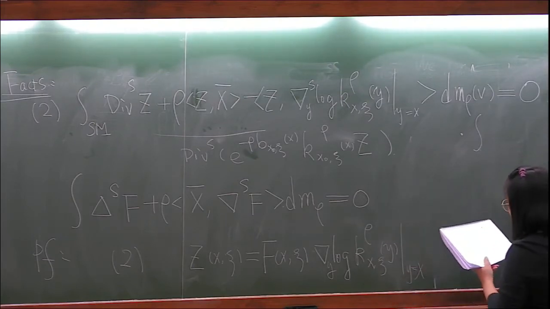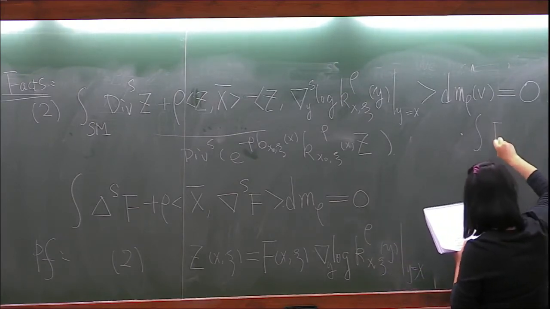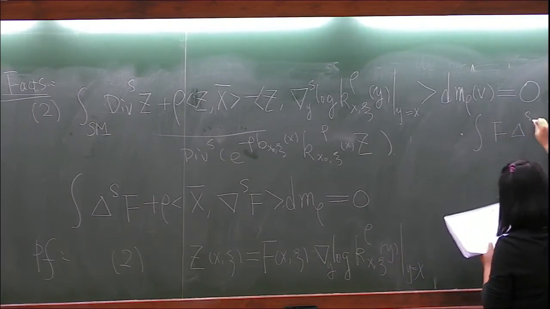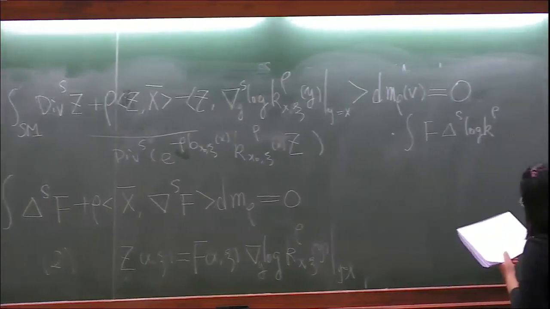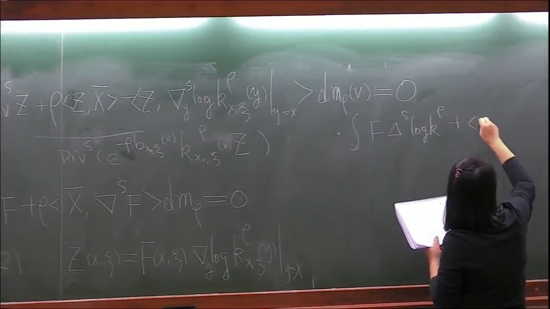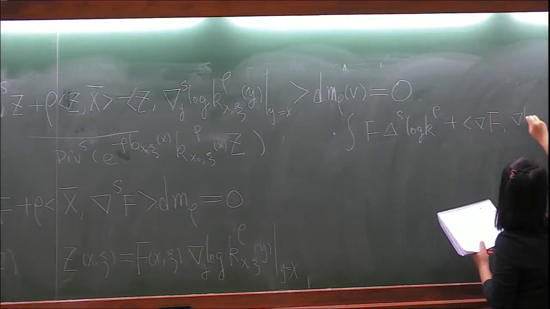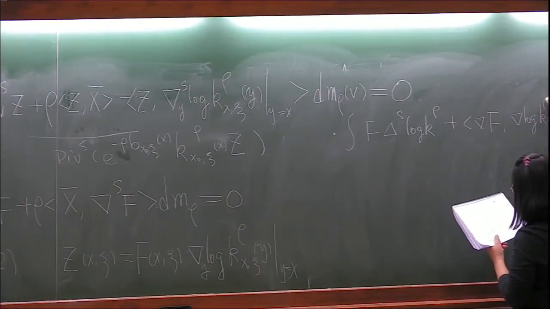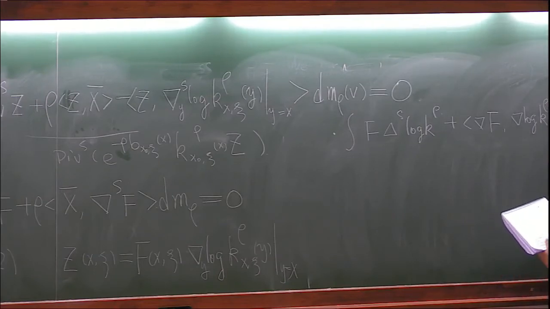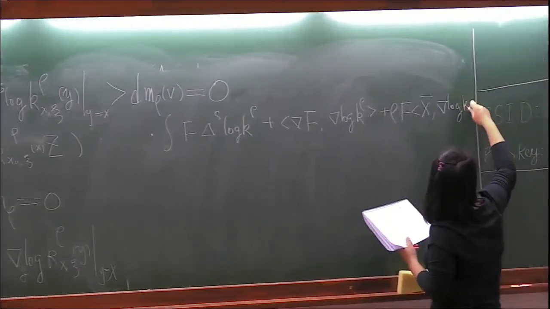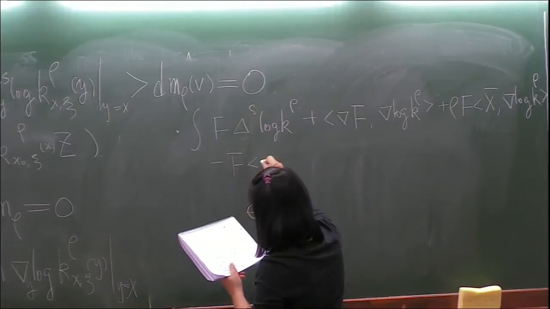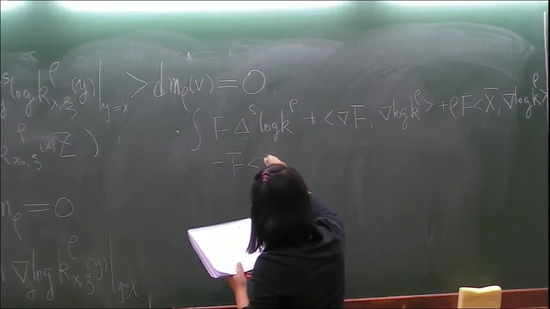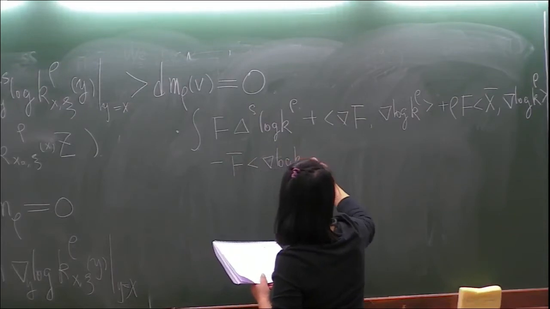You apply to this one, then you obtain this f Laplacian s log k rho and plus here minus s, and this is gradient log k and gradient.